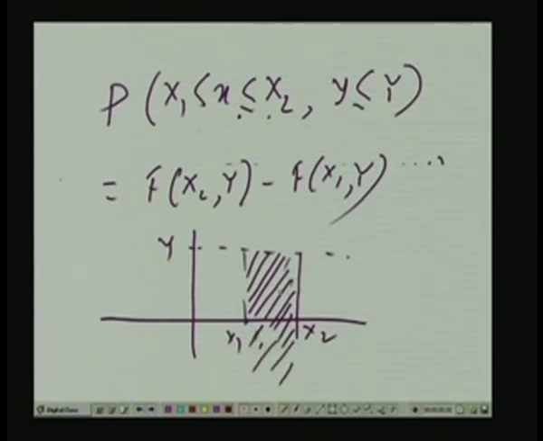So, this was the event. This probability is nothing but the pair x comma y falling within this zone. What is the total probability of that? That turns out to be this.